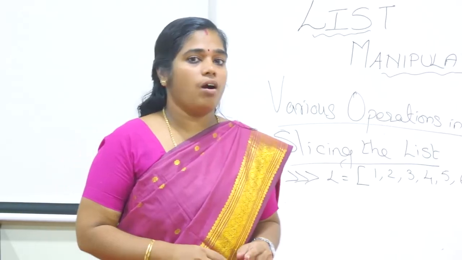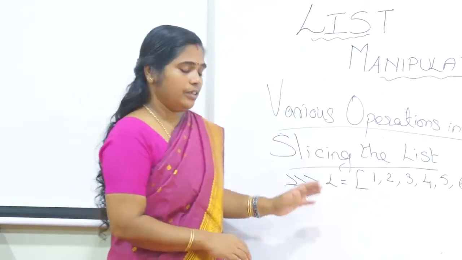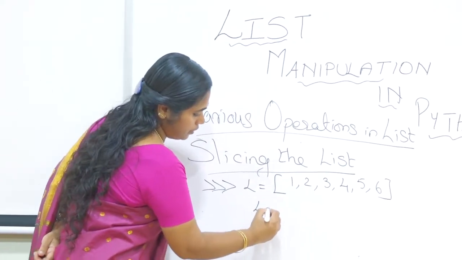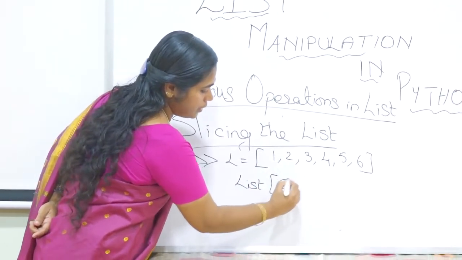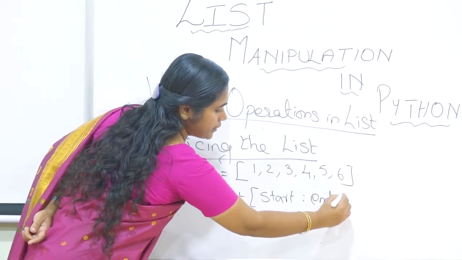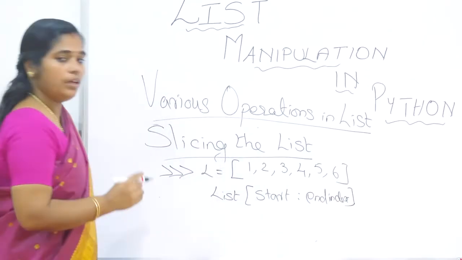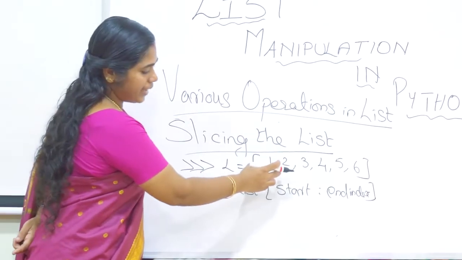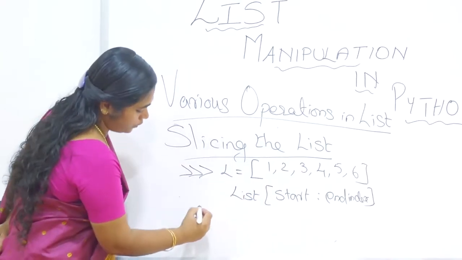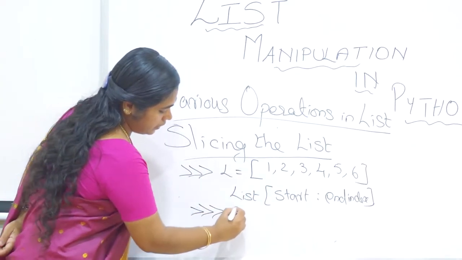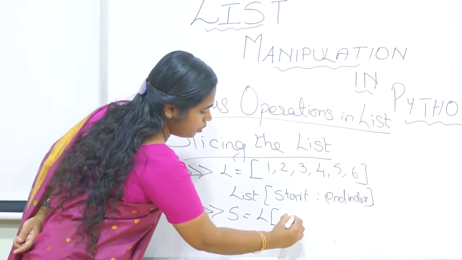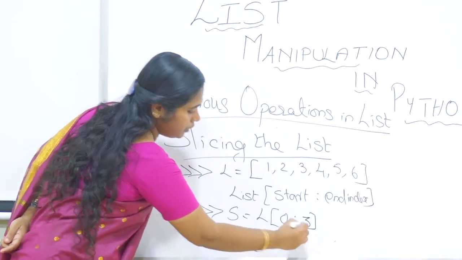The first format of slicing is list of start colon end index. So how to slice the elements starting from 0 to 2? You have to give the statement like this: S equal to L of 0 colon 3.